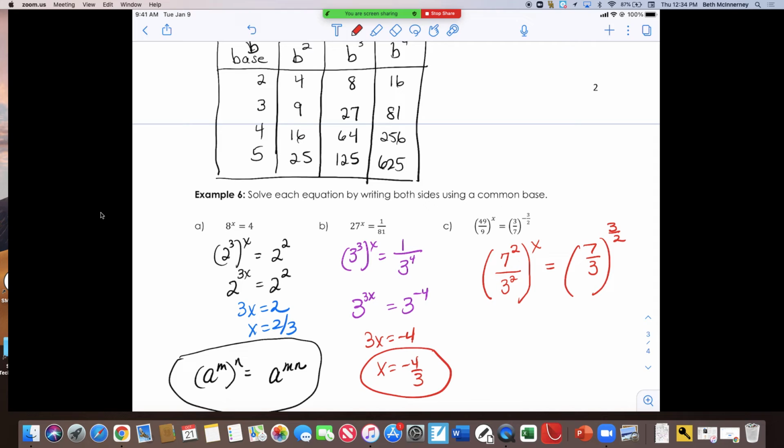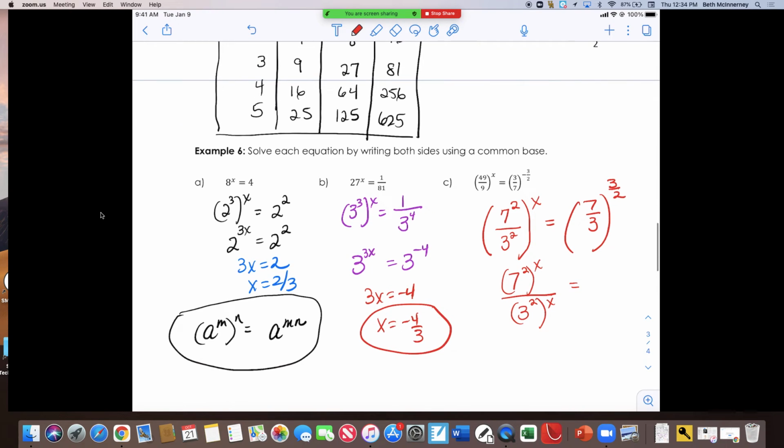All right, now on the left side, I'm taking 7 squared to the x, and I'm taking 3 squared to the x. Or you know what, I think I don't want to go that route. Sorry, that's not working for me. How about this? Do you see that that would be 7/3 squared?